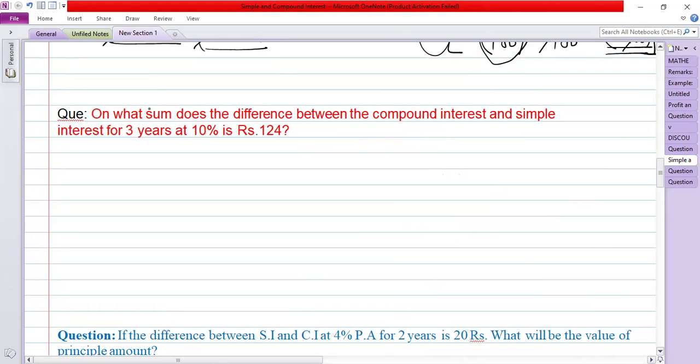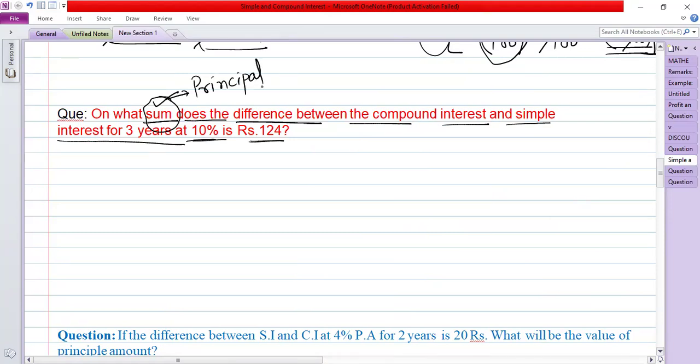So here, on what sum does the difference between the compound interest and simple interest for 3 years at 10% per annum come to 124? What is the meaning of sum here? Sum means this is the principal amount.